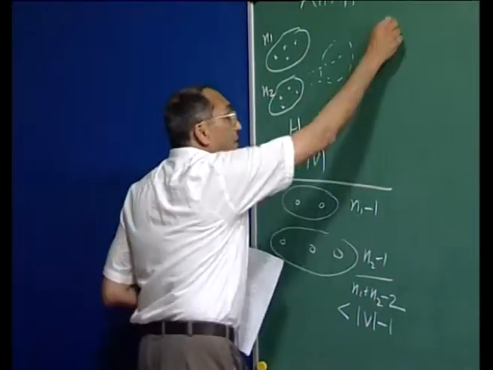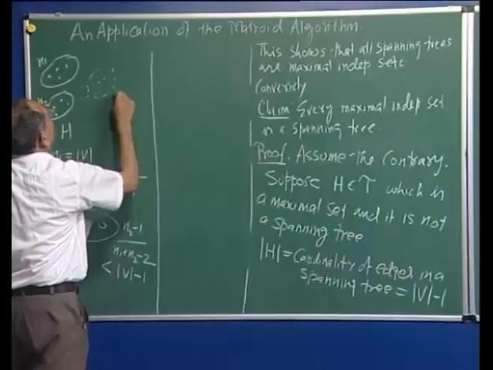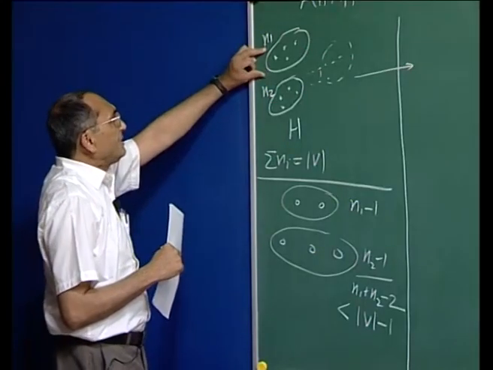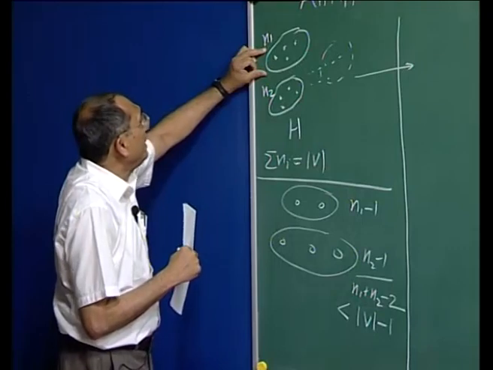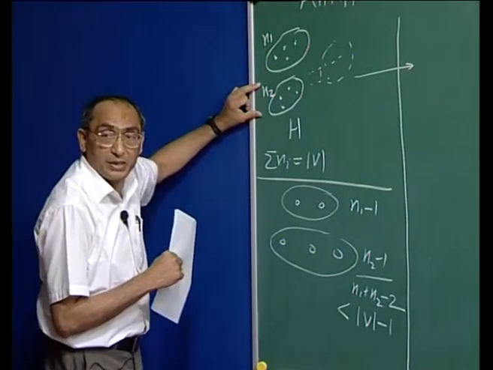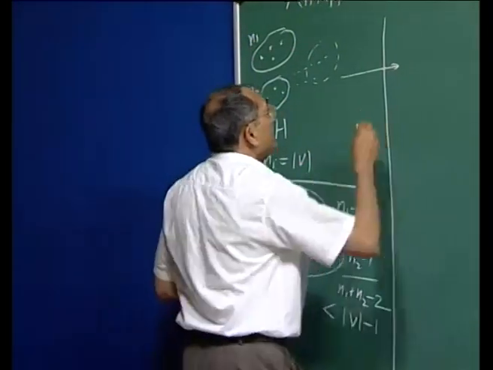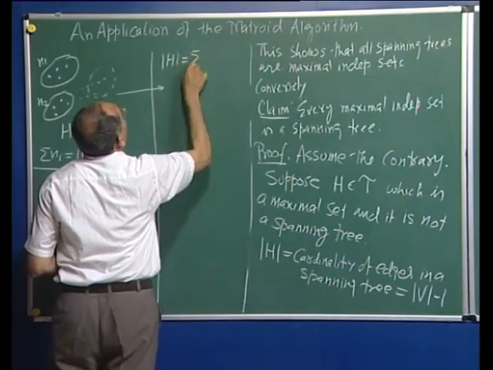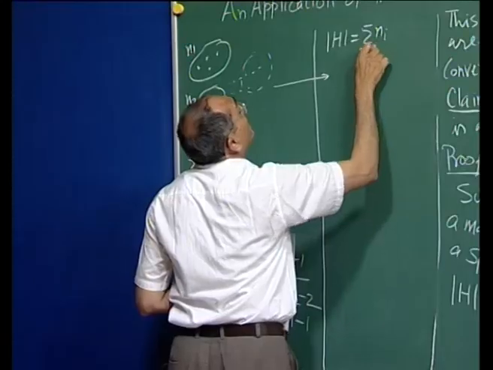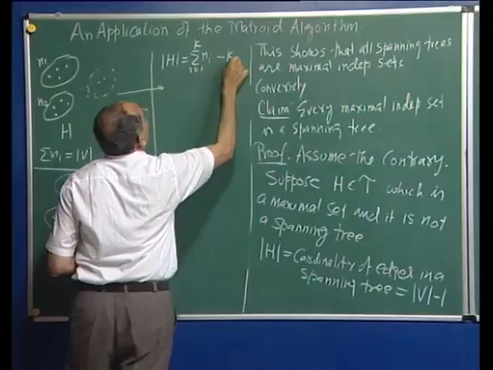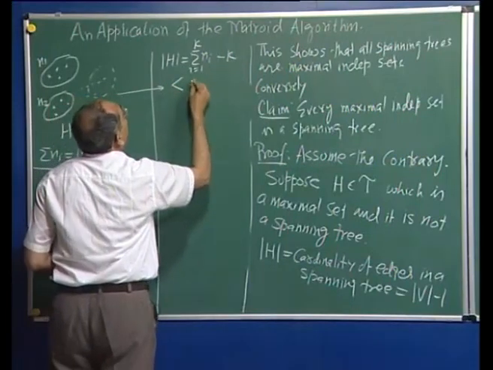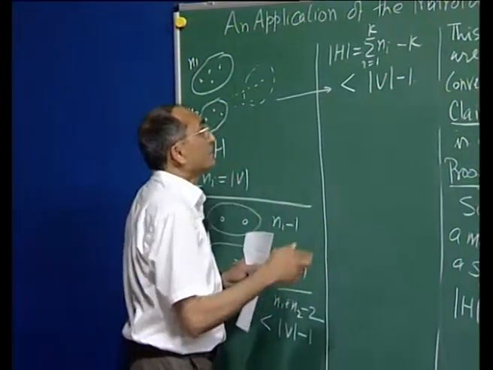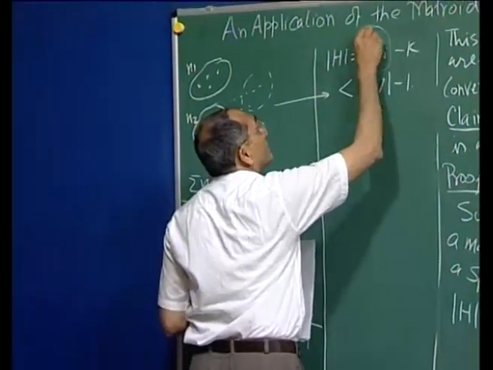So, in general, let us suppose in this picture, the number of edges is at most n1 minus 1, at most n2 minus 1 and so on. Then the number of edges of H will be at most the sum of ni, i going from 1 to k, there are k components, minus k, which is strictly less than mod of V minus 1, because this is mod of V, the total number of vertices.